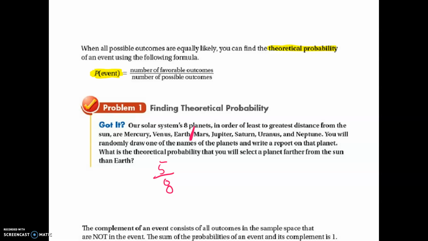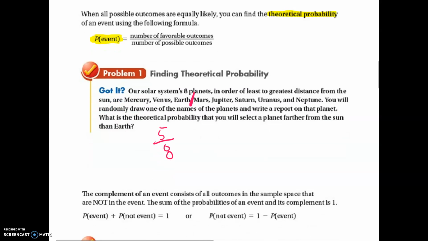Theoretical probability, of course, is going to be what we theoretically would expect to occur based on the outcomes possible. Does that always happen? No, but just keep that in mind.